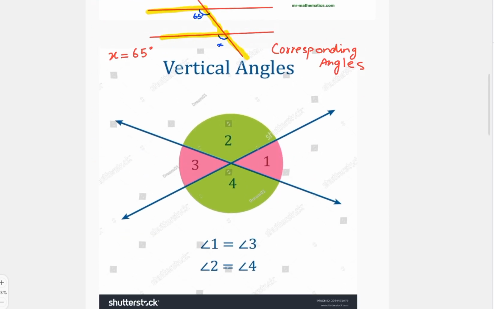Okay, here goes the next question. So, what are vertical angles? We also call them vertically opposite angles.